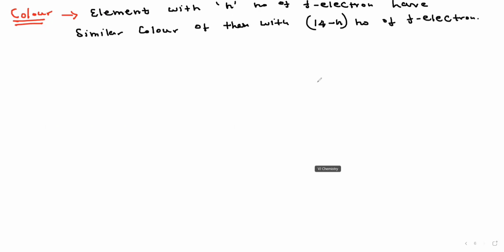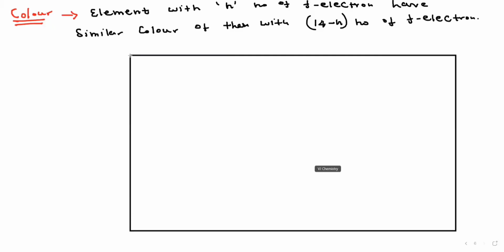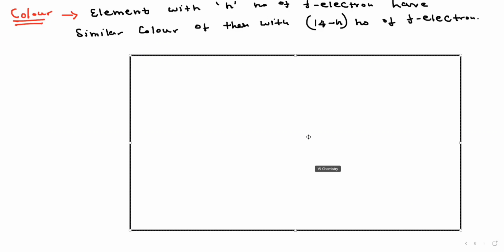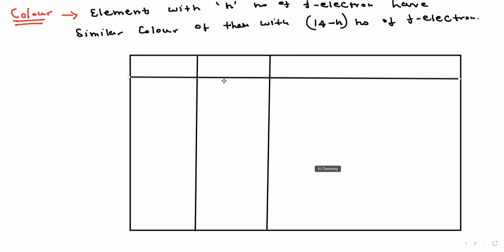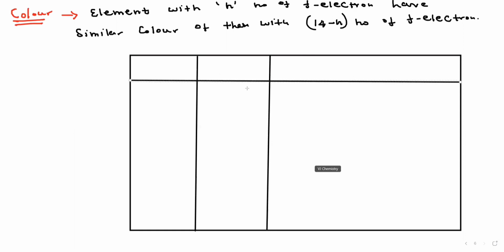Now see, I make a box, simple. We're going to differentiate. Here is the n value, and here is 14 minus n, and here the color. Now I put f0. What is 14 minus 0? f14.